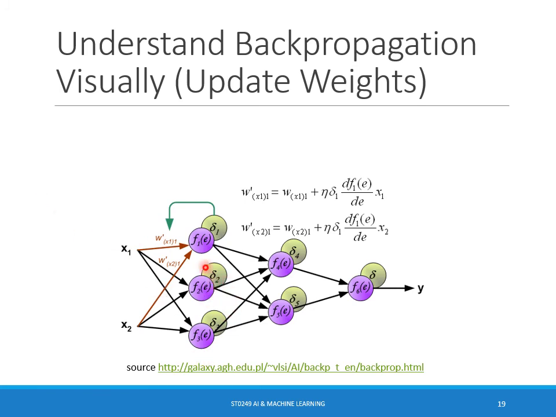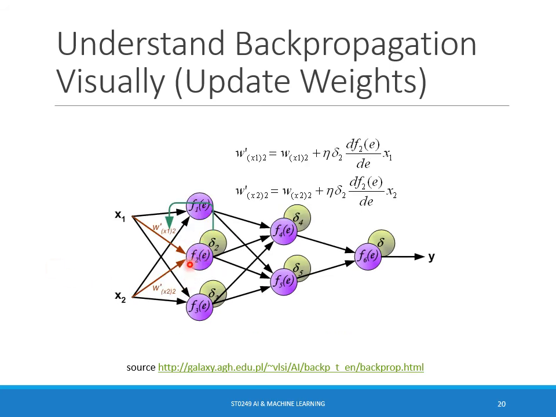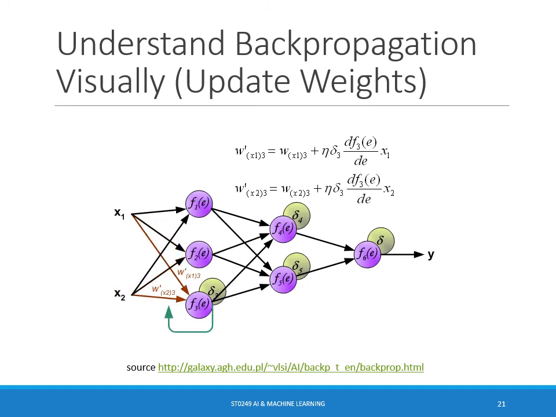Then we move on to the next neuron and do the corresponding updates. For this next neuron in the first hidden layer, we update the two weights coming into it. Finally, we update the last neuron in the first hidden layer and the weights coming into it using the same formula again.